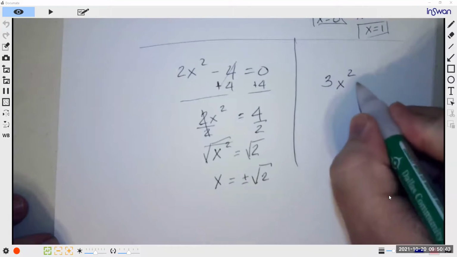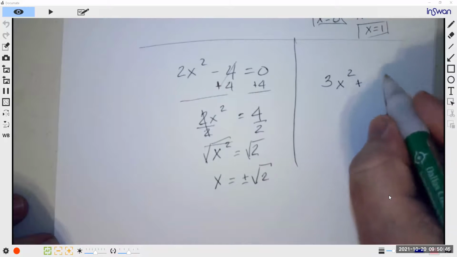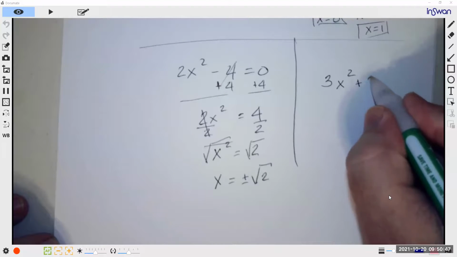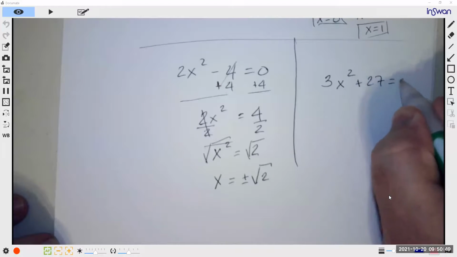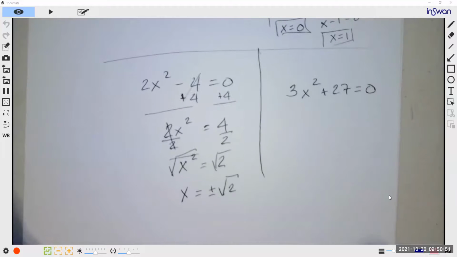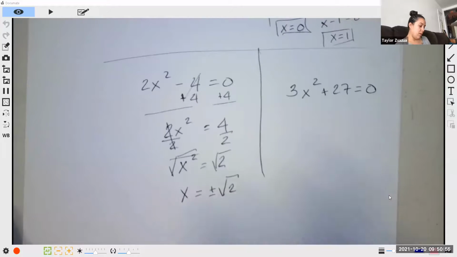Here's another example: 3x squared plus 27 equals 0. So you want to get the x by itself, right?